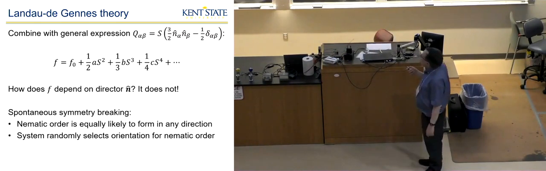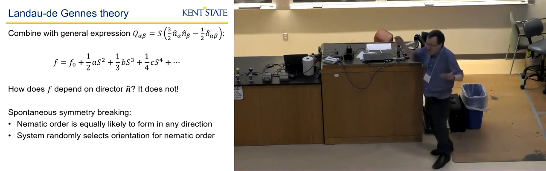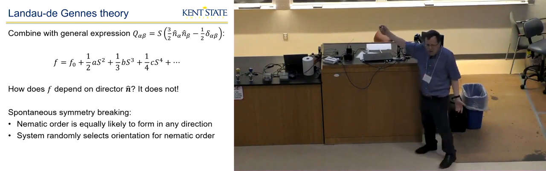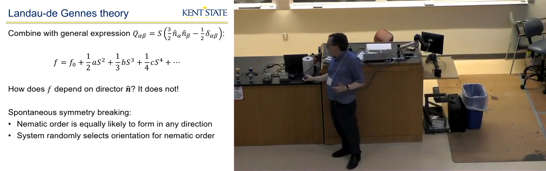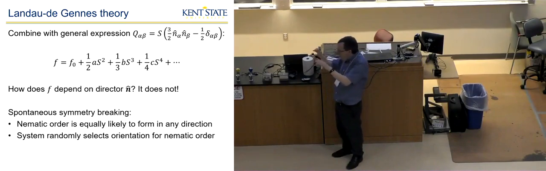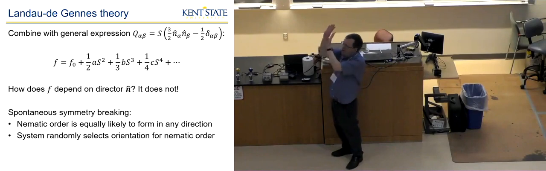How does the free energy depend on the director? Well, it doesn't. There's no director here. The free energy is the same if you have a certain nematic order in this direction or in this direction or whatever direction.